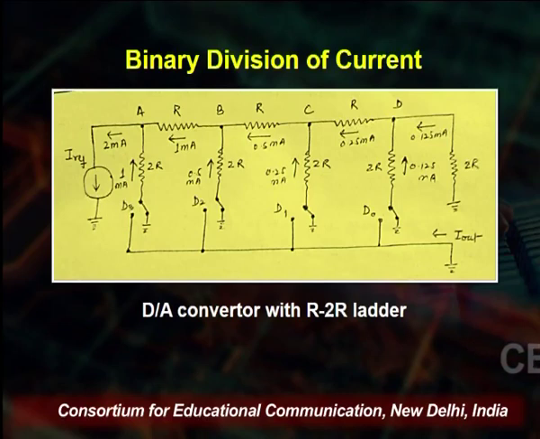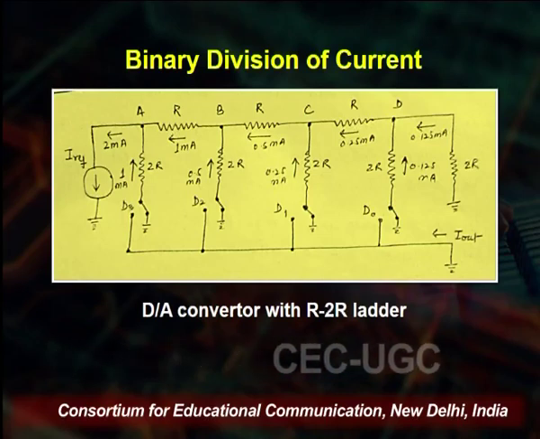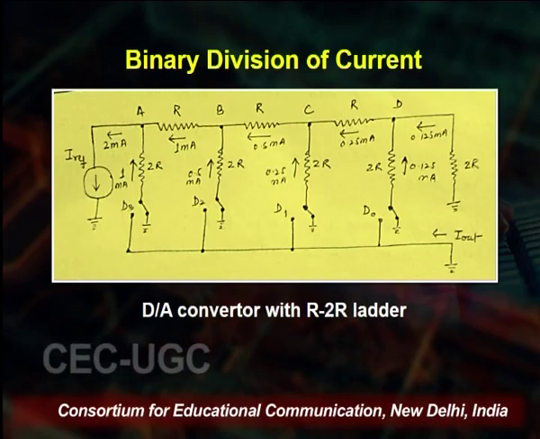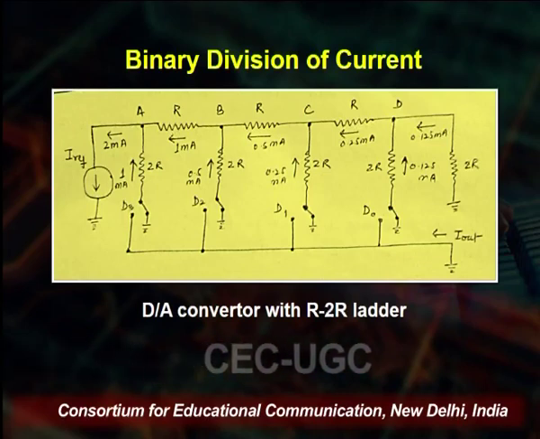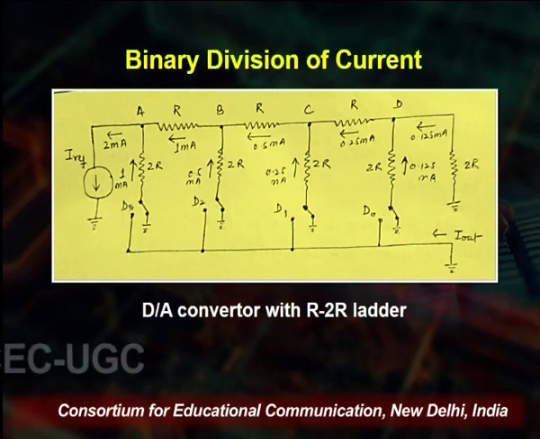In the previous case of DA converter with binary weighted resistance, we used a high precision voltage reference. In this case of DA converter with R2R ladder network, we use a constant current source.